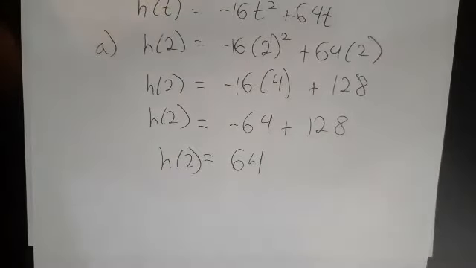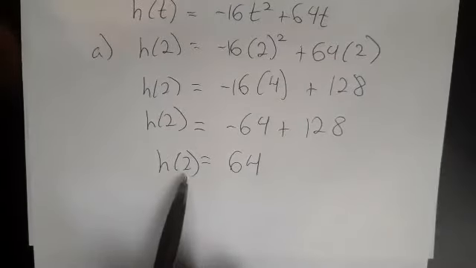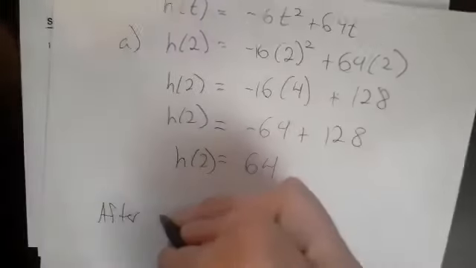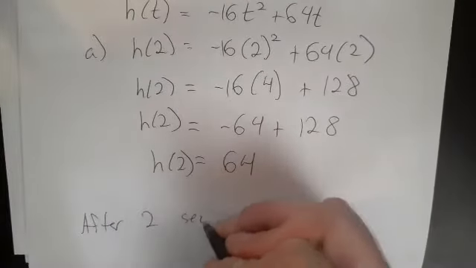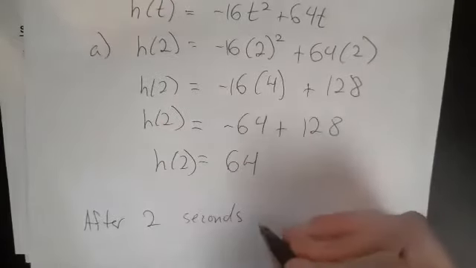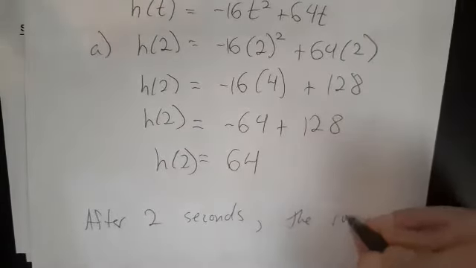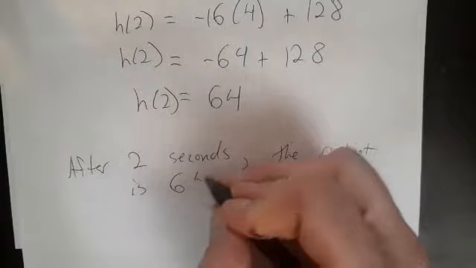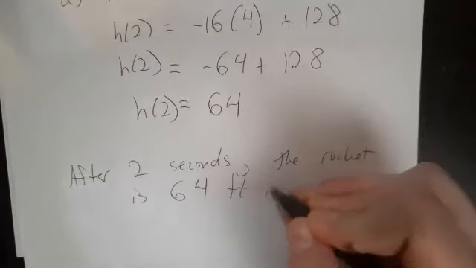It represents the height of the model rocket in feet, t seconds after launch. So this means after 2 seconds, the rocket is 64 feet in the air.